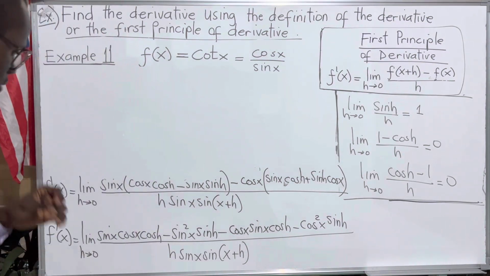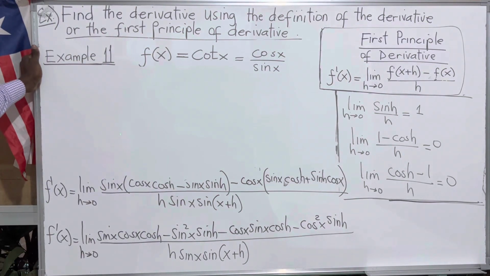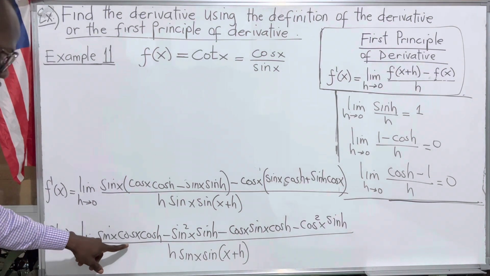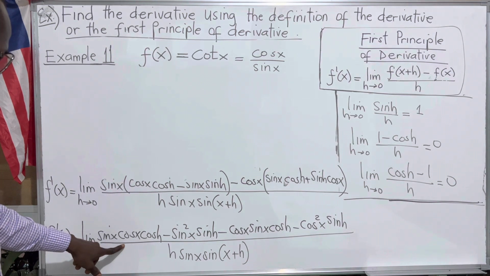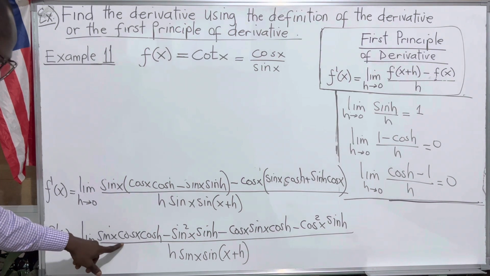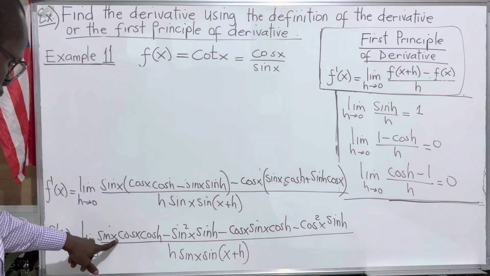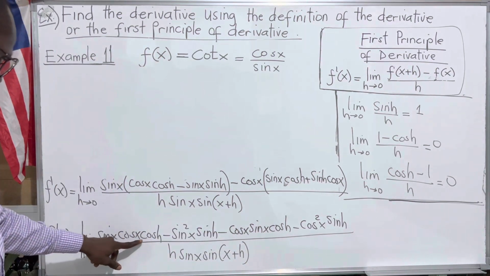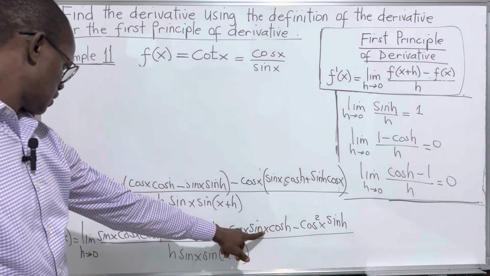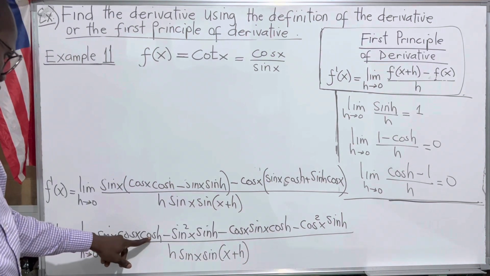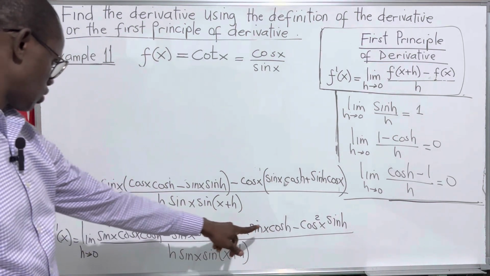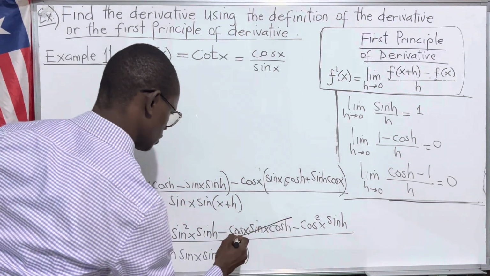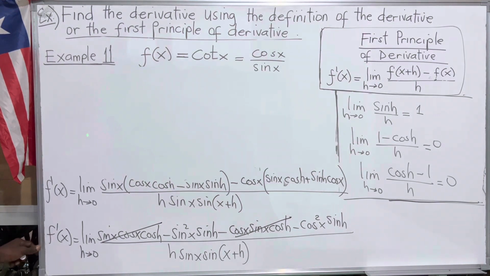Okay, so now we think of how we can do factoring by grouping. But look here. If you keenly look here, you see that we have sine of x cos of x cos of h, and so this and this cancel, opposite signs.